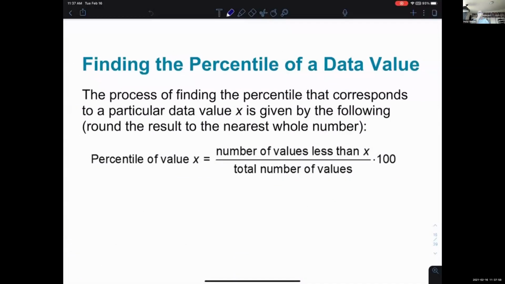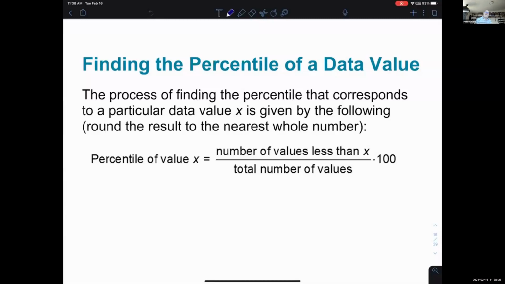How do I find a percentile of a data value? Well, the way you do it is basically see as a percentage what percent of the data set is below the one you're looking at. So the process of finding the percentile that corresponds to a particular data value X is given by the following, and you want to round off to the nearest whole percentage.